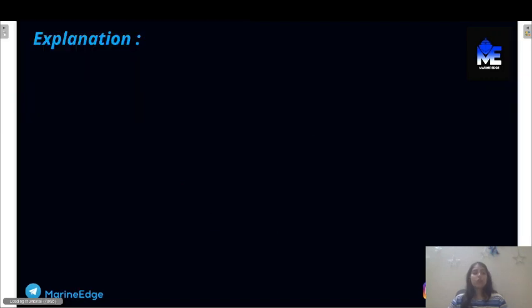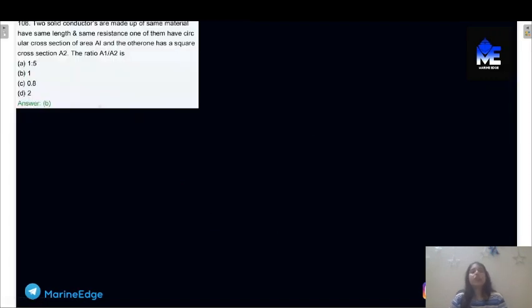Correct? Moving on. Two solid conductors are made up of the same material, same length and same resistance. What is the formula for resistance? R is equal to rho L upon A. Now, R1 upon R2 is the same. One has a circular cross-sectional area A1 and the other has a square cross-sectional area A2.